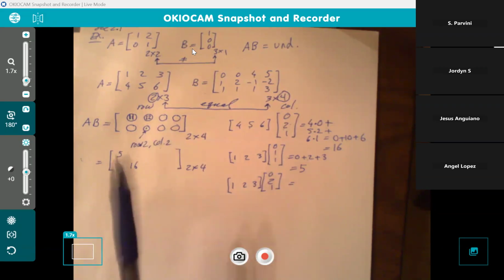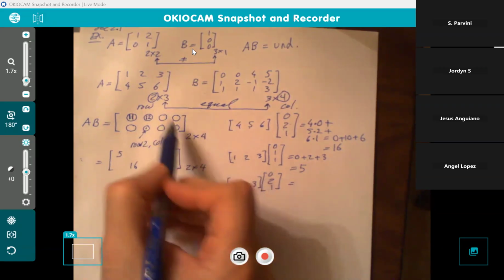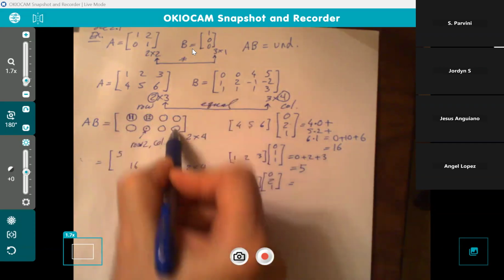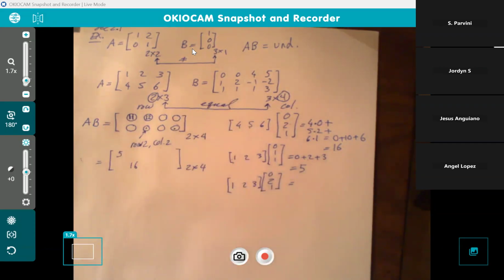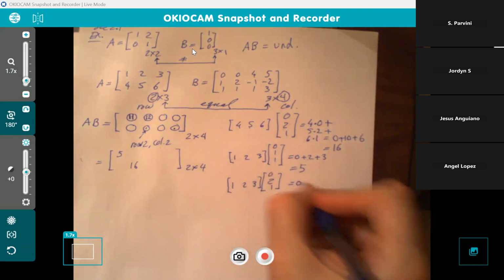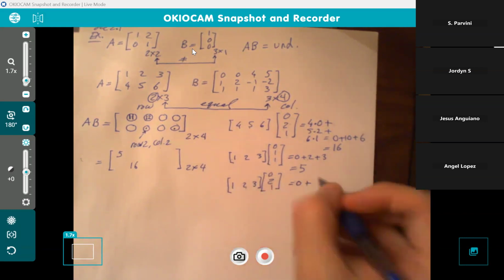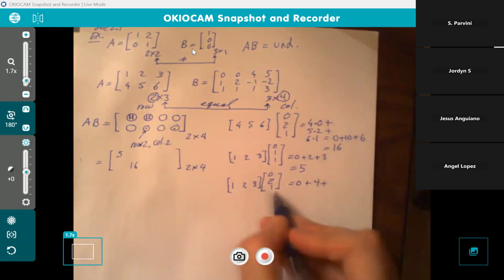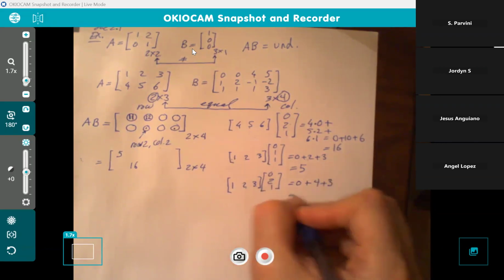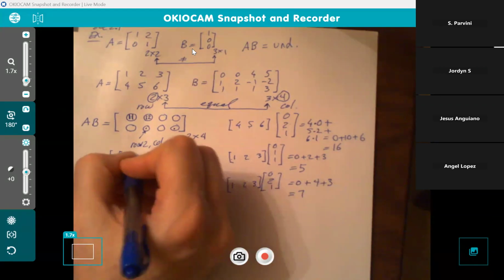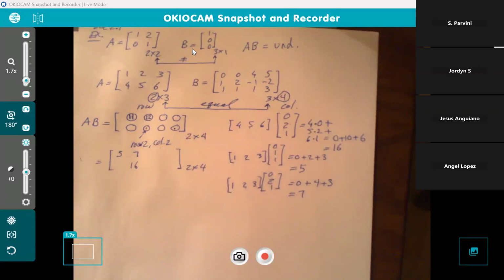So hopefully we get to a point, maybe for this last one, where we do it without writing the details. But let's still keep it. 1 times 0 is 0, plus 2 by 2, 4, plus 3 by 1, 3. The sum is 7. And there you go, 7.